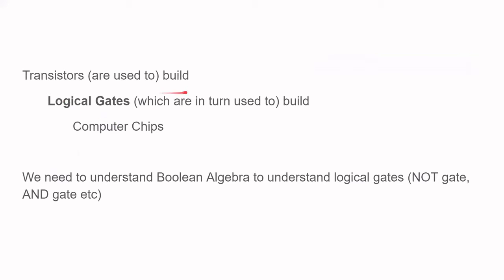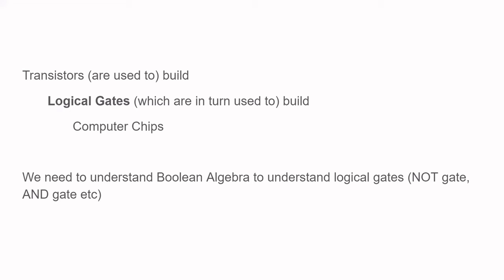Now, transistors are used to build something called logical gates. It's a difficult word, right? I don't know what it is. So let's just assume it is some kind of a gate. Think of a gate like a door, and logical meaning it is like an intelligent gate, meaning it understands. Think of our brain as a gate.